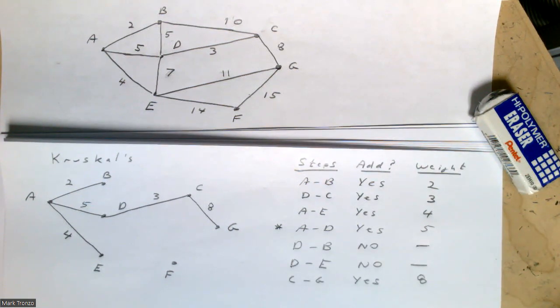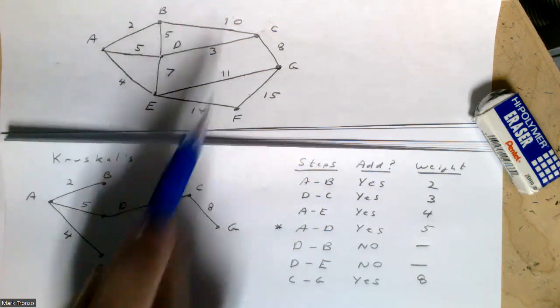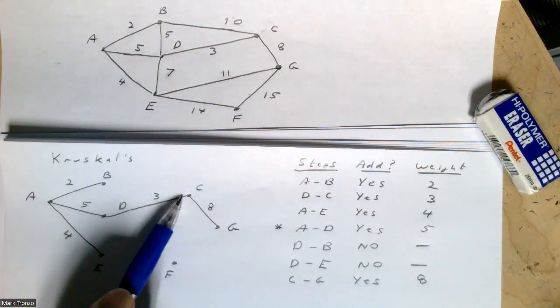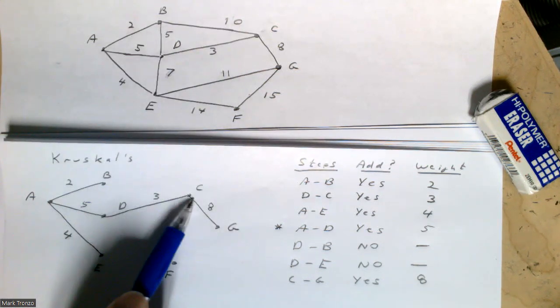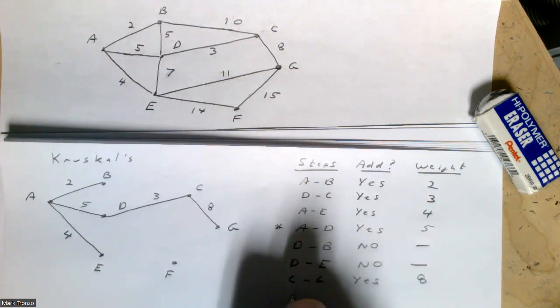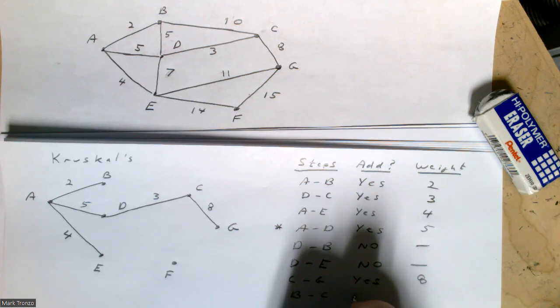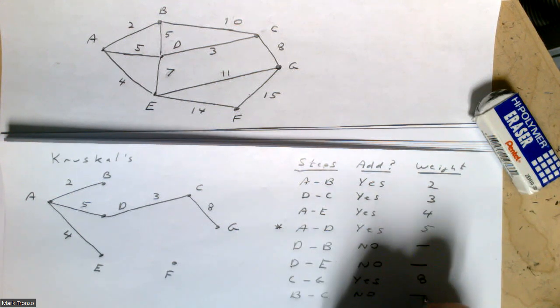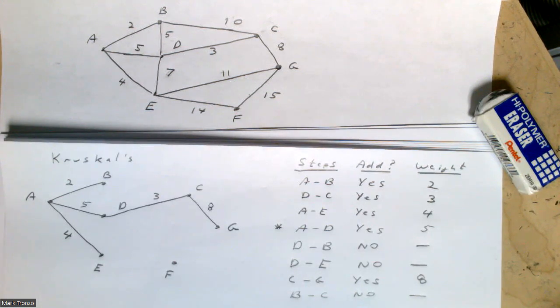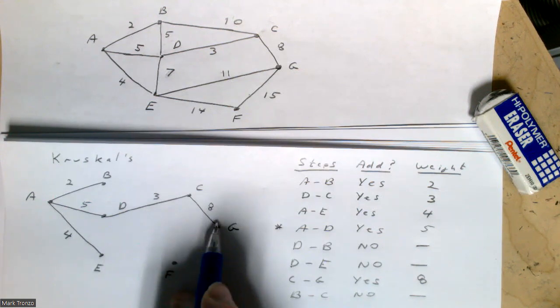And let's see what is next. It looks like it's this 10, but notice we cannot add the 10 because we'll make a circuit. And what's the next one? Looks like the next one is an 11. We cannot add that because that'll make a circuit.